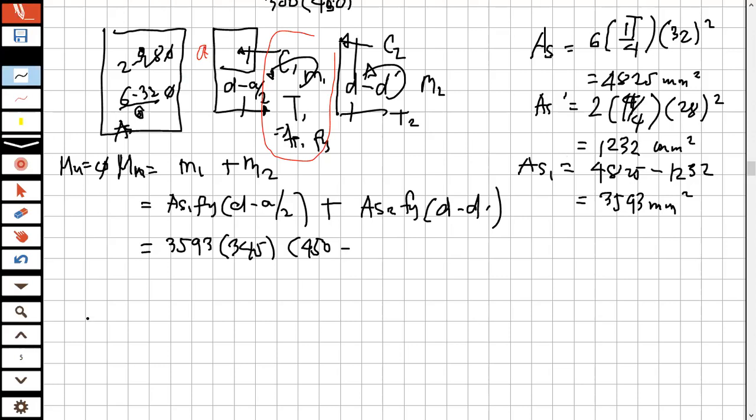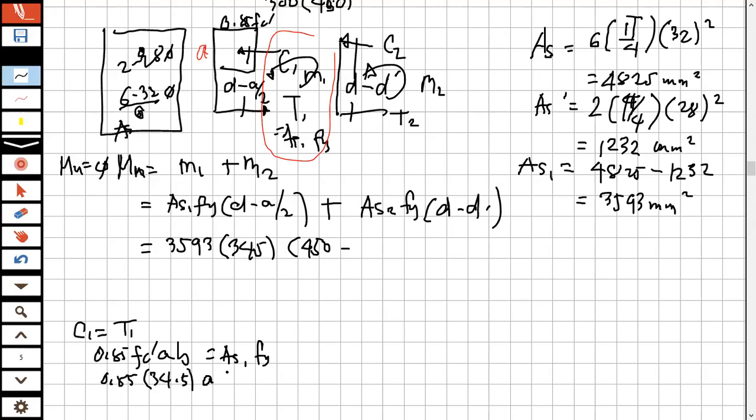Kasi you have C1 is equal to T1. From that, you have, itong taas dito is 0.85. Alam naman natin yan, I'll just write. You have 0.85 f'c a times b, and then you have A_s1 times Fy. So you have 0.85, f'c is 34.5.